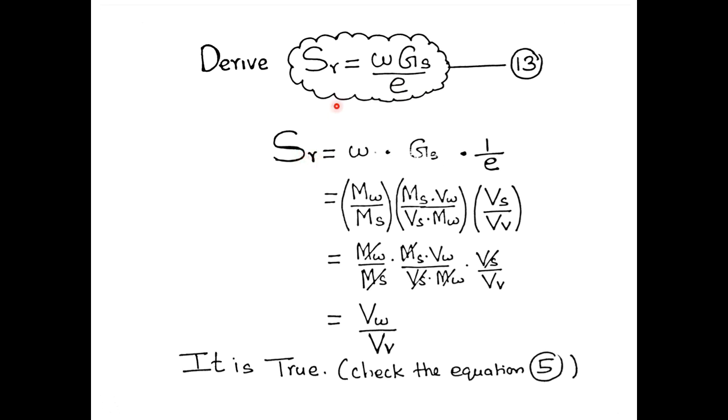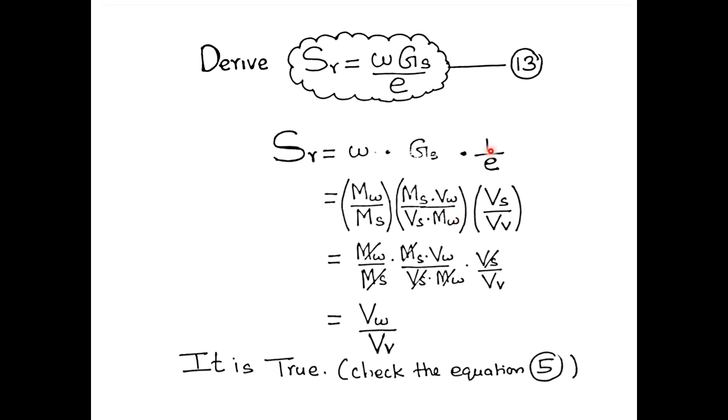SR is equal to W, Gs, and 1 over E. Instead of W, the definition of W is mw over ms. The definition of Gs is ms Vw over Vs mw. Check the previous slide.